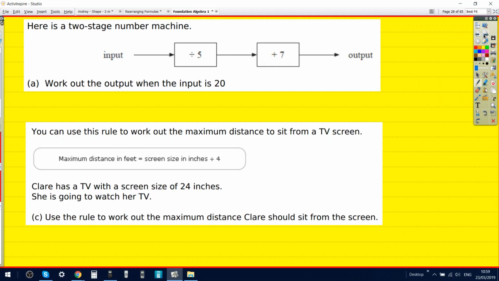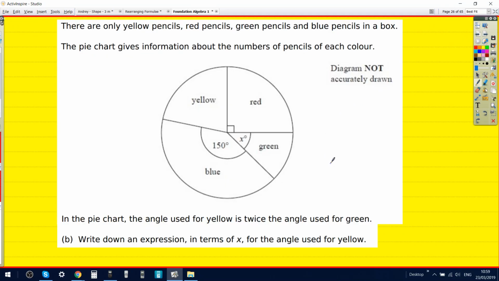Let's take a look. Yeah, one more. This one, part B down the bottom. Angle used in yellow. So we know red is 90. Blue's 150. Just part B. Write down an expression in terms of x for the angle used in yellow.